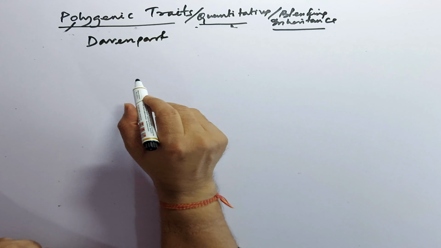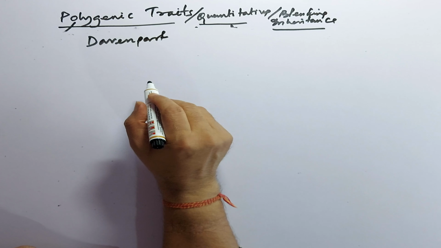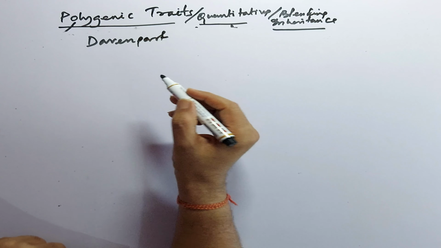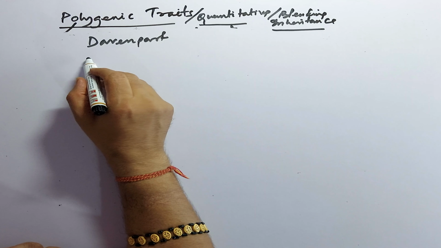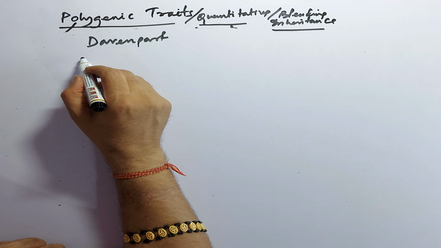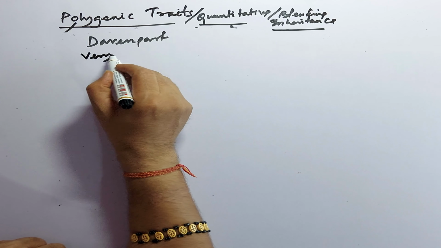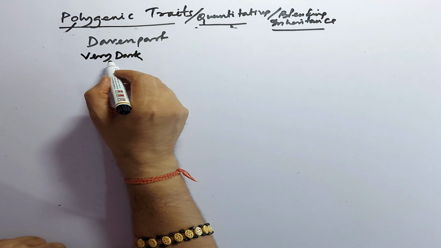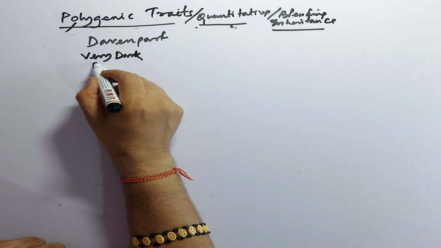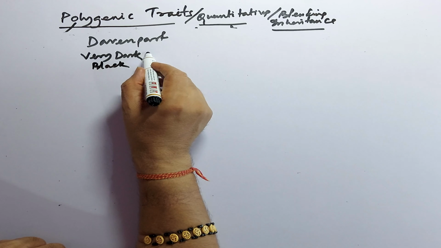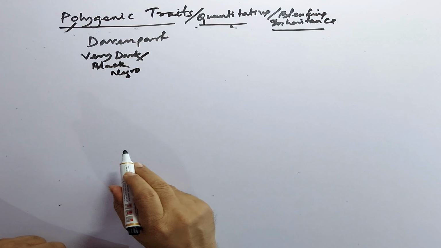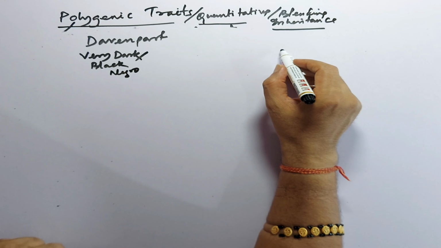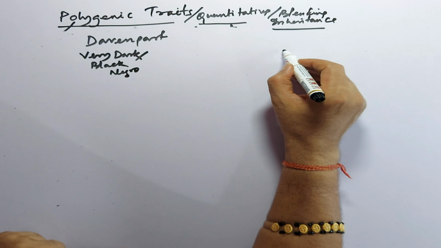So we will find the 7 different types of colors in human, that is very dark, or we can write black, or we can write negro. And the middle one is your intermediate.